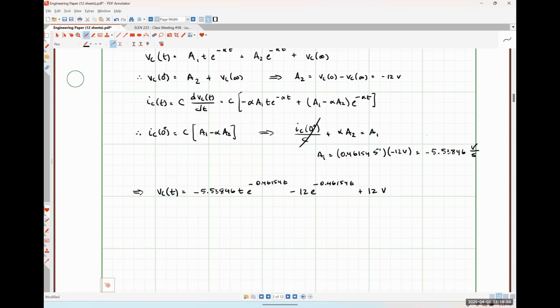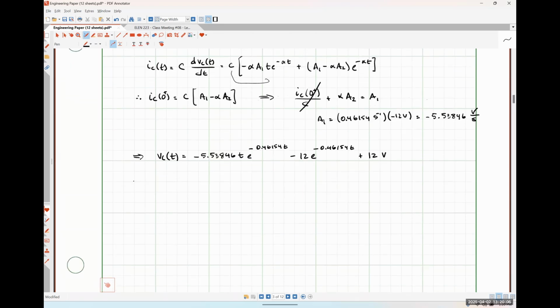To get IC, we literally just need to plug in things correctly, right? So effectively, our coefficient for the first term here is going to be C times negative alpha times A1, right?